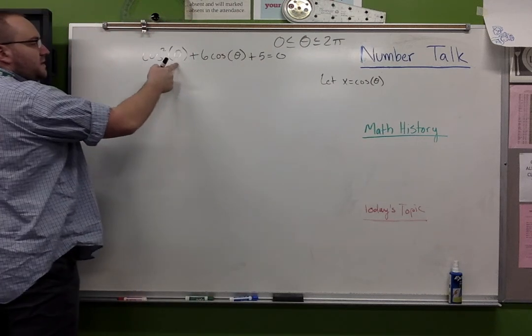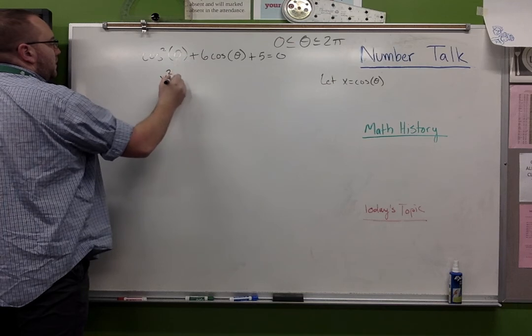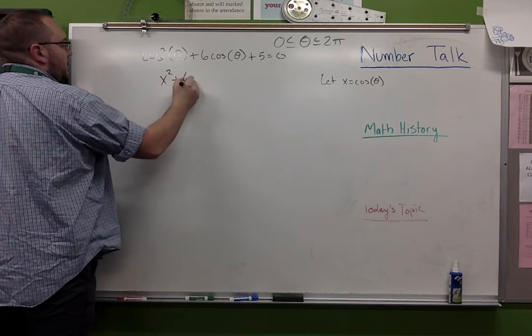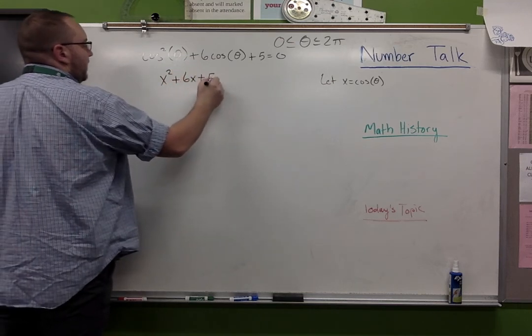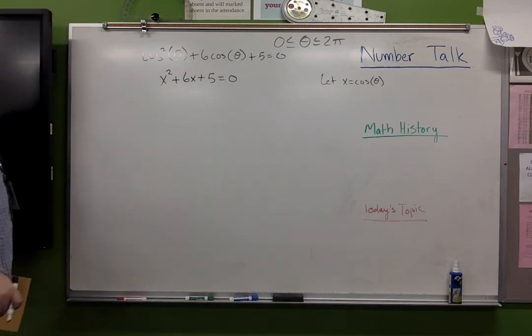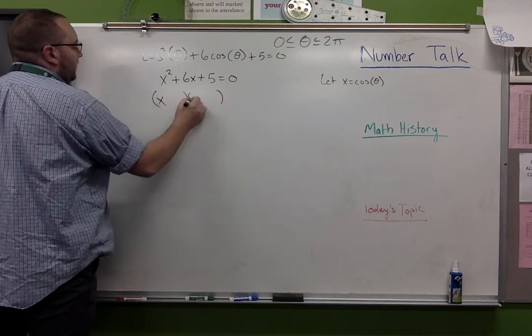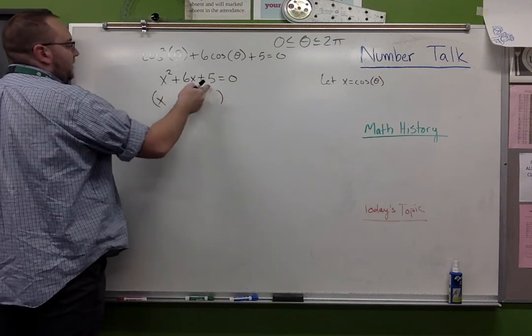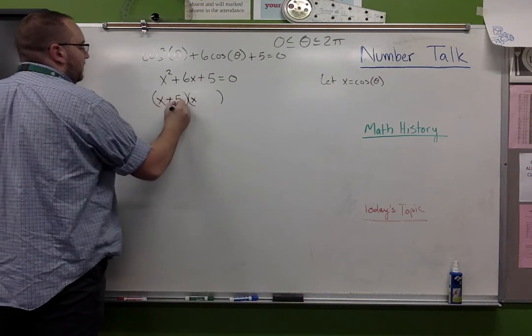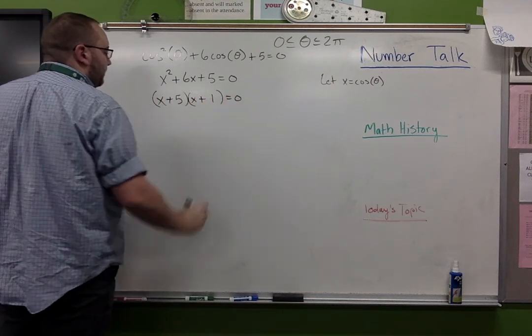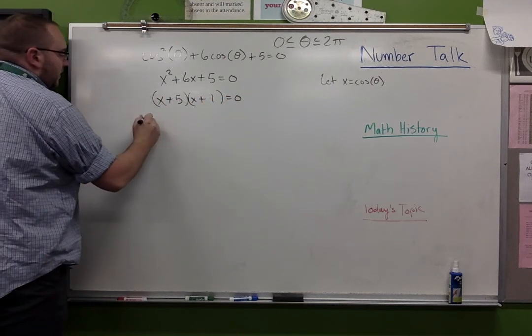So instead of cosine squared, we have x squared plus 6 times cosine, so 6 times x, plus 5 equals 0. Now that looks a little bit more familiar. Factor this. We have to have x and x. Two numbers that multiply to 5 and add to 6 are 5 and 1. Set each factor equal to 0.